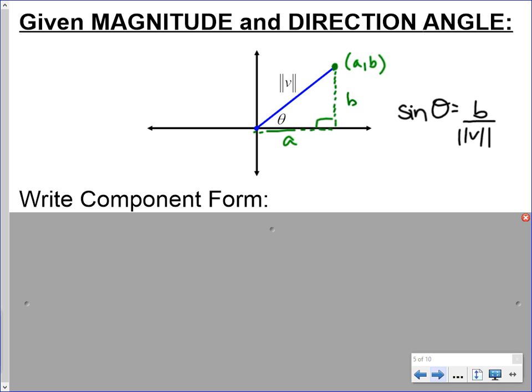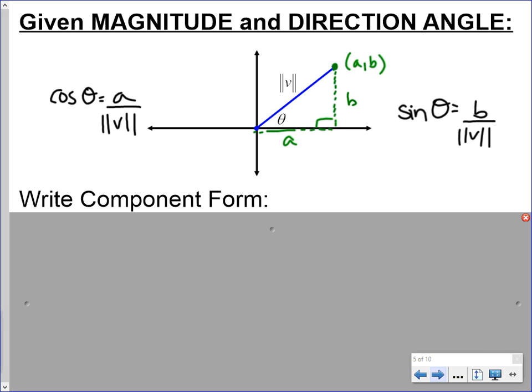Do you agree with that trig statement? The sine of theta is equal to b divided by the magnitude of v? Good, thank you, Ethan. What's the other one we could write? Cosine of theta is equal to a divided by the magnitude.